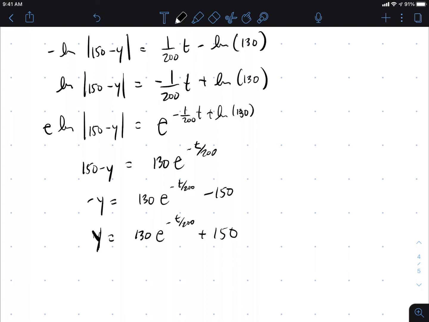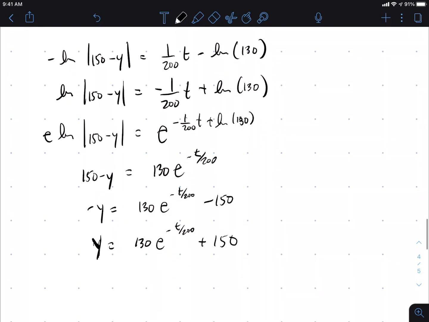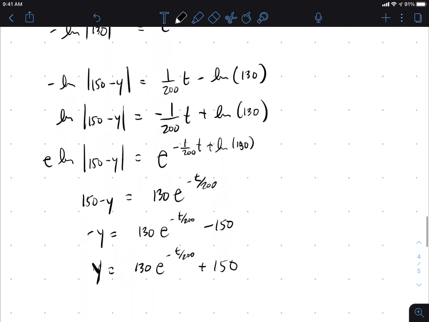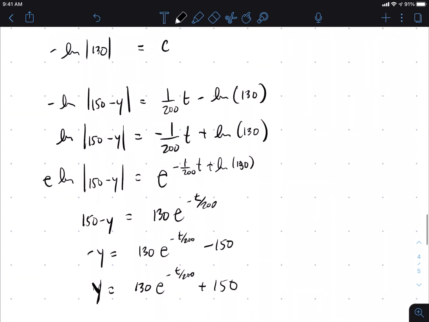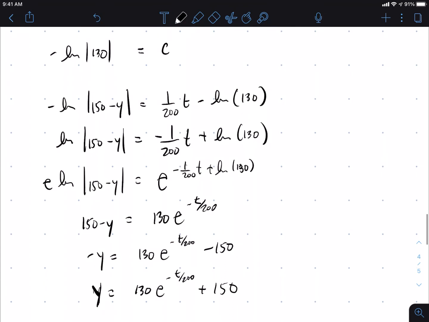Professor, real quick, could you go back and explain why you used the second row instead of the first row? Basically, you switched the negative over now. I didn't put this as the negative here. I'm sorry. What's that? Can you repeat that? Why did you use the positive ln 150 minus y instead of negative ln 150 minus y?